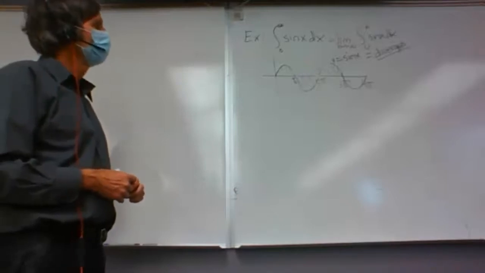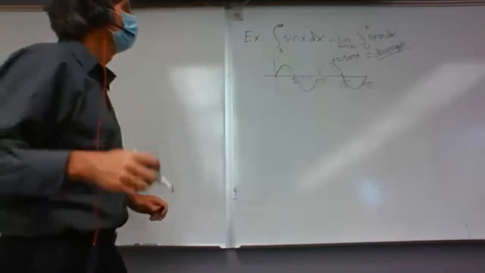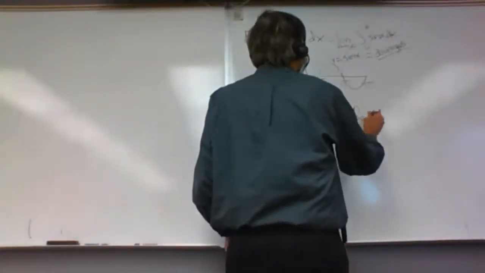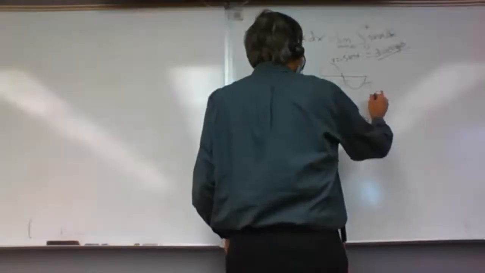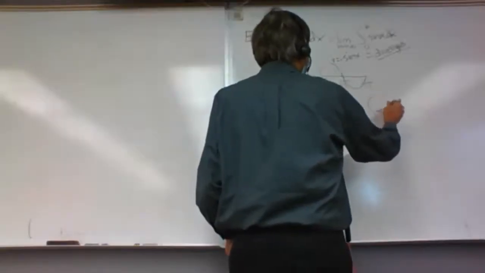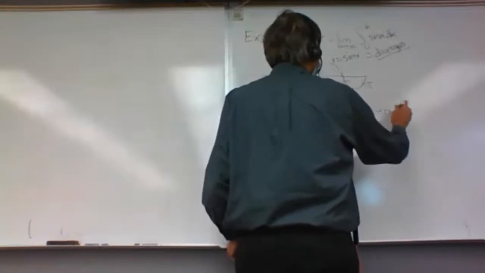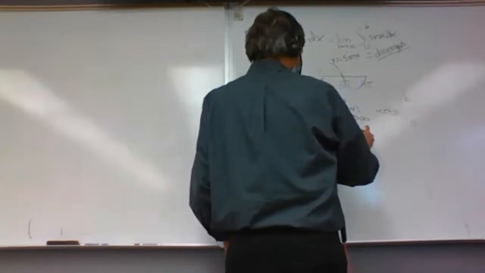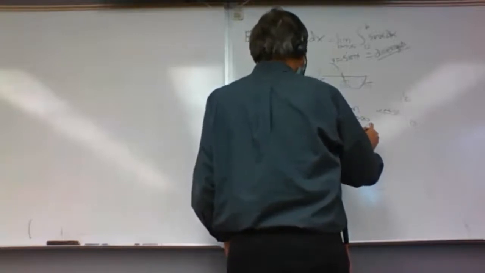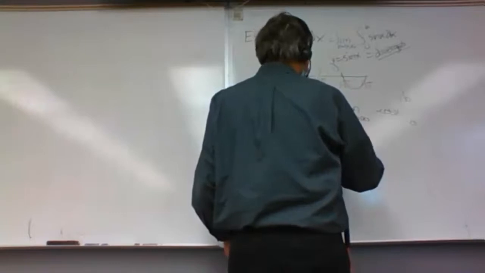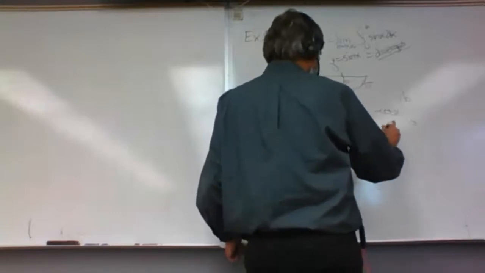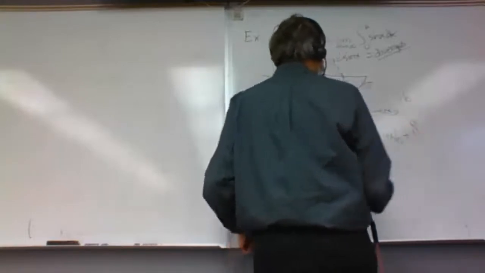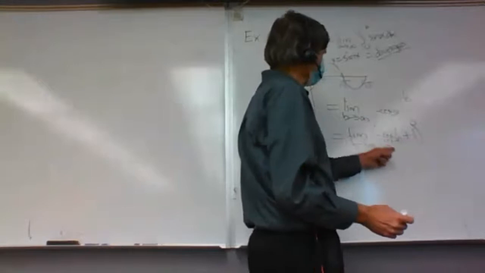The limit as b goes to infinity of minus cosine x from 0 to b, which is minus cosine b minus minus cosine 0, which is plus 1. So it's the limit as b goes to infinity of 1 minus cosine b, but this oscillates up and down.